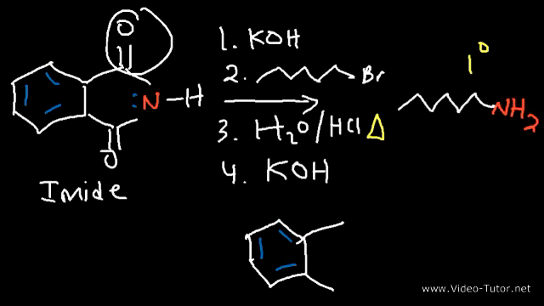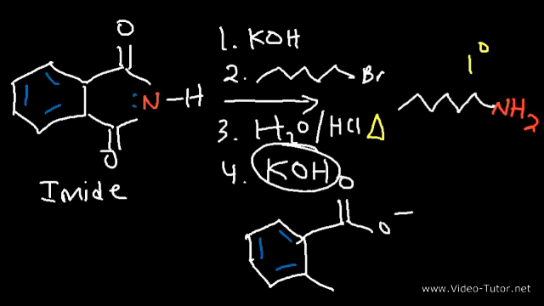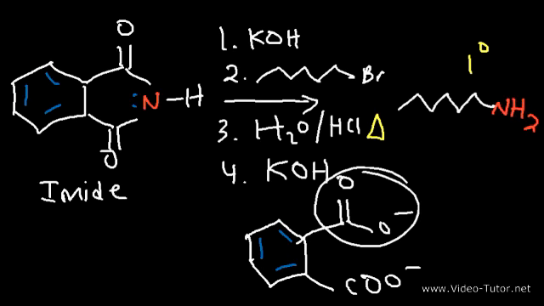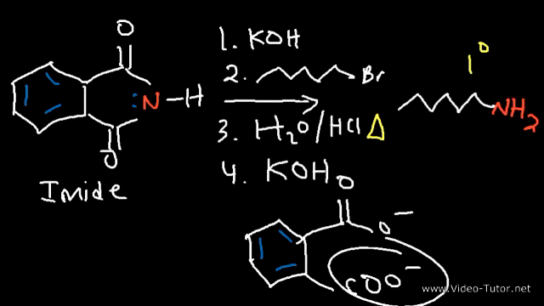Because we have 2 carbonyl groups, it's going to cleave and produce 2 carboxylic acids. But notice that the final solution is basic. So the carboxylic acid will be in its deprotonated form. You can write it like this, or you can write it as COO-. Those two are exactly the same.